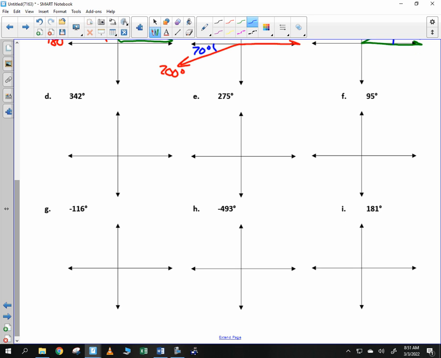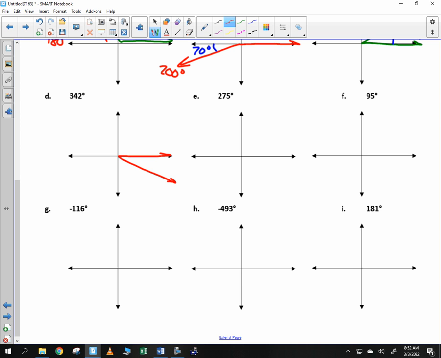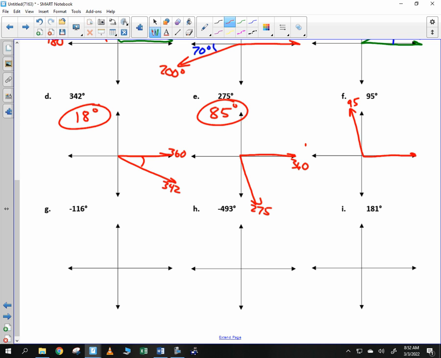Try D, E, and F on your own. Question? Got 18, 85, and 85.